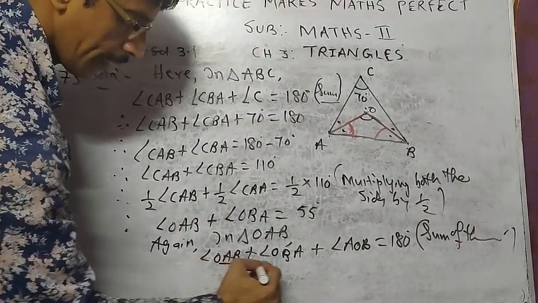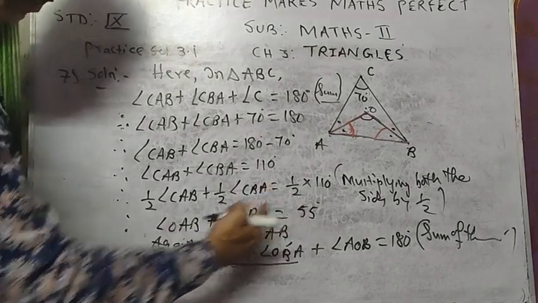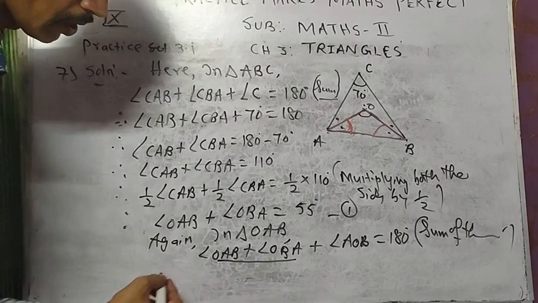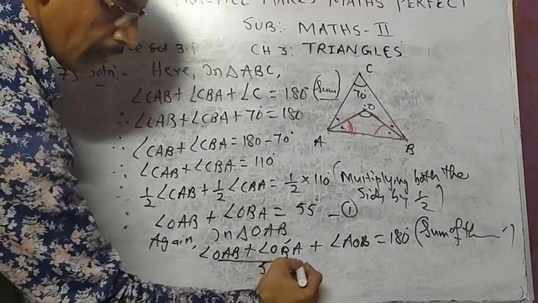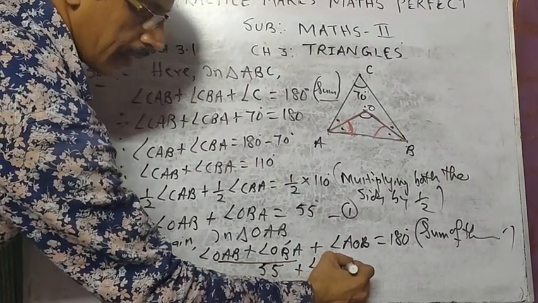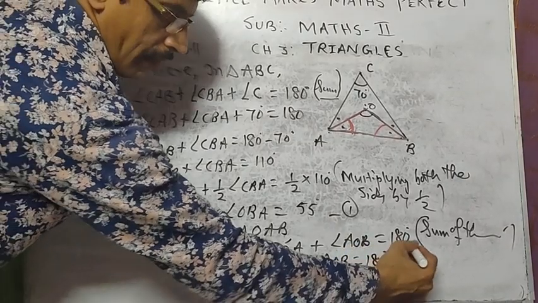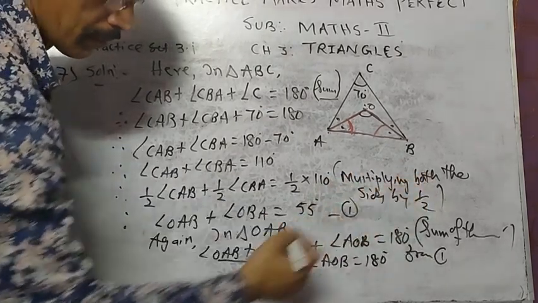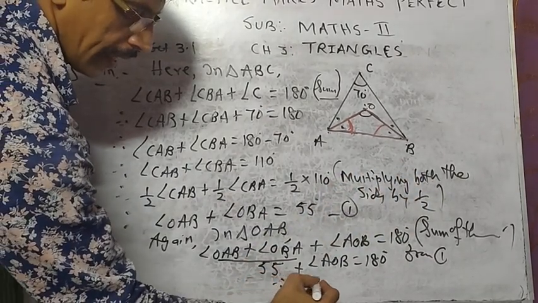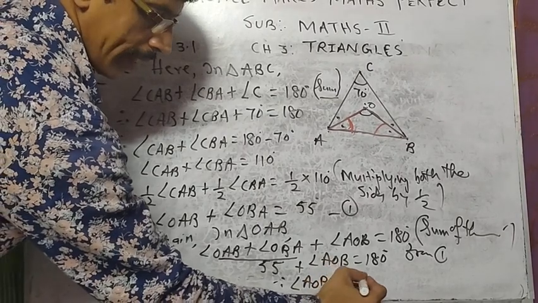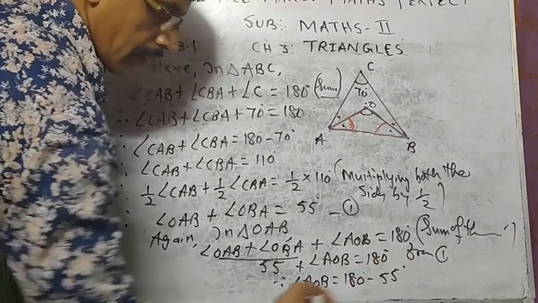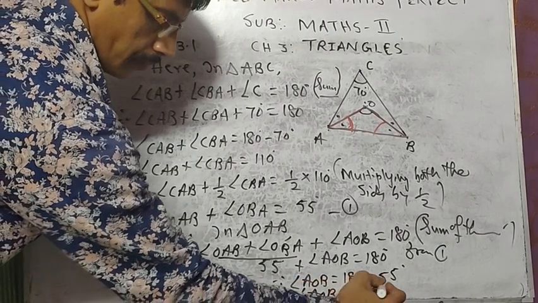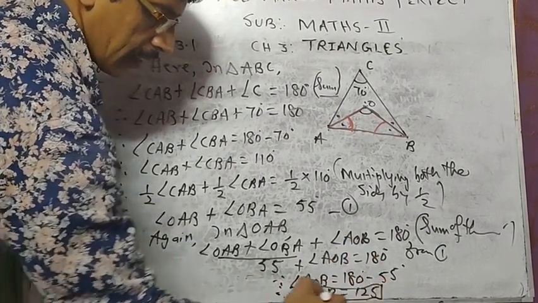Now the sum of these two is 55 here. You can give it the number 1 if you want. So 55 degrees plus angle AOB is equal to 180 degrees, from 1. Now 55 will go there, becomes minus. Therefore angle AOB is equal to 180 degrees minus 55 degrees, and therefore angle AOB is equal to 125 degrees.